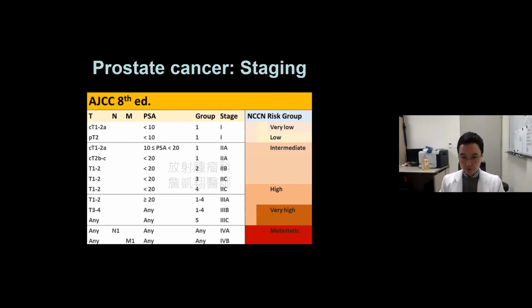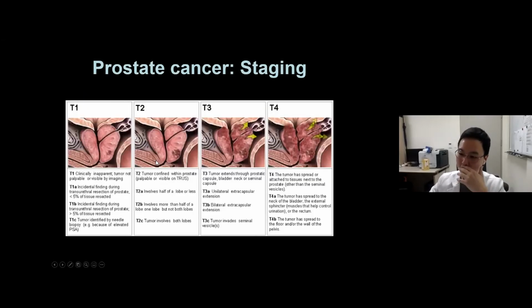And when either PSA or grade group is not available, grouping should be determined by the T category or whichever is available. So it is quite different from other cancers, which are solely determined by the TNM staging, but this incorporates other important information like PSA or grade group.